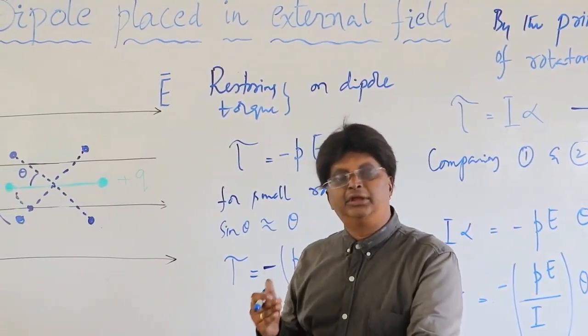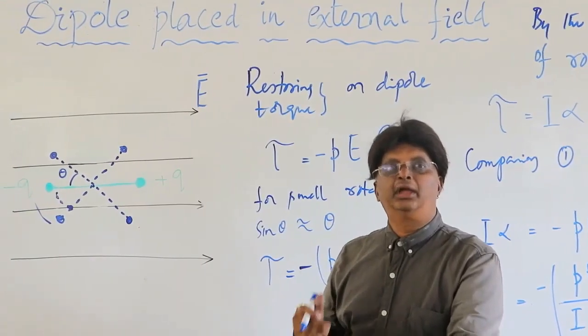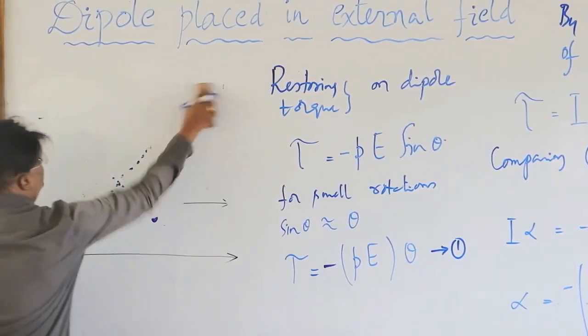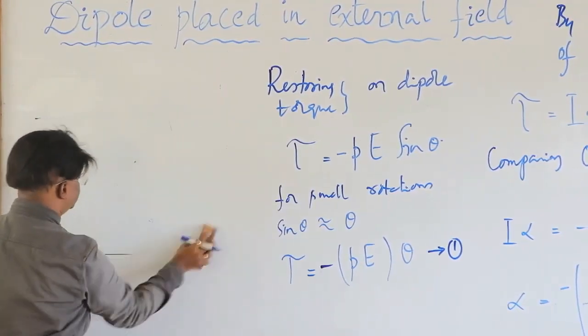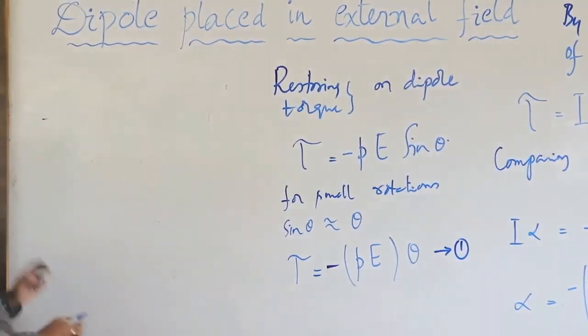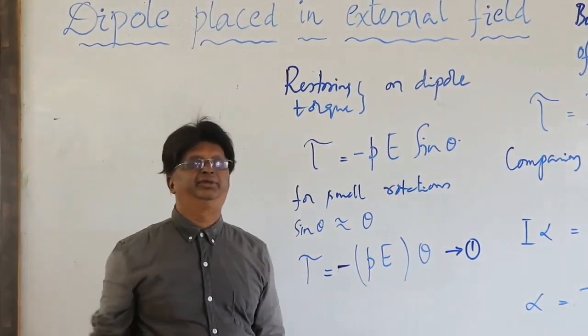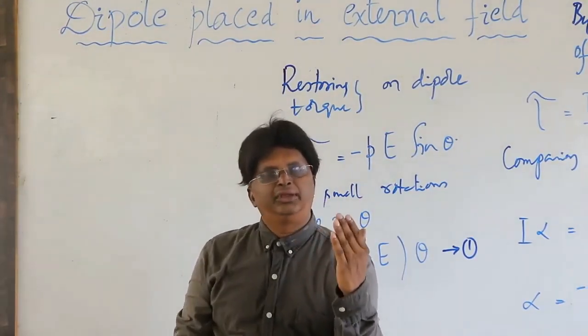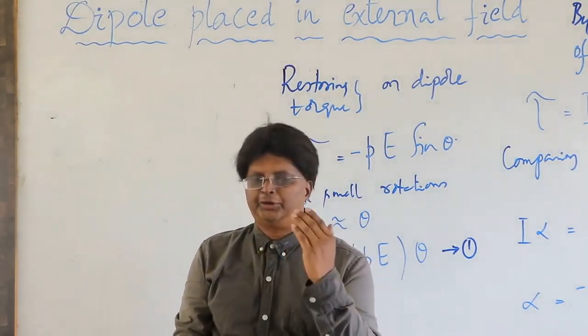But here it is not linear SHM but angular SHM. Therefore I am using the principle of angular SHM, because translatory versus rotational is always easier: in translational motion we have force, and in rotational motion the analogy is torque.